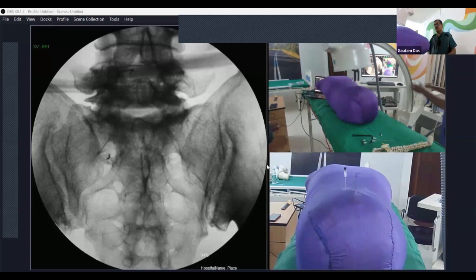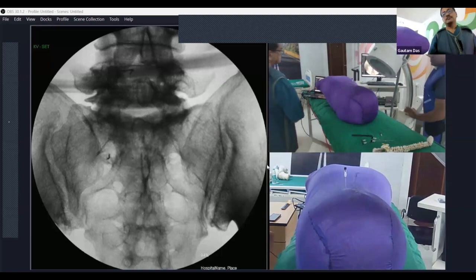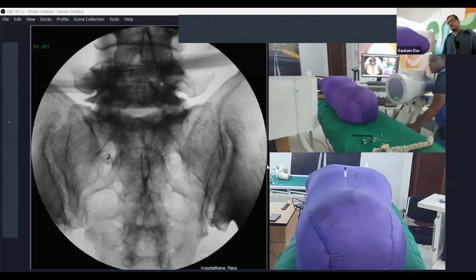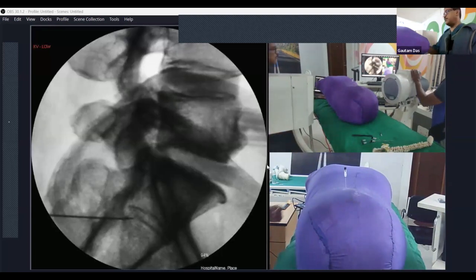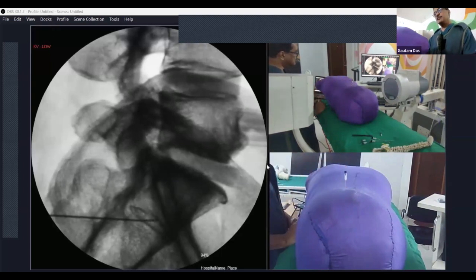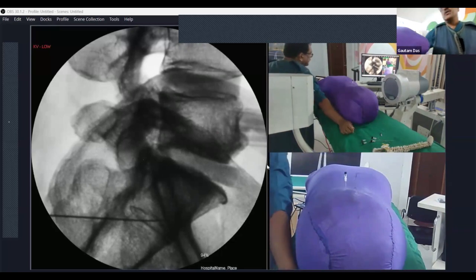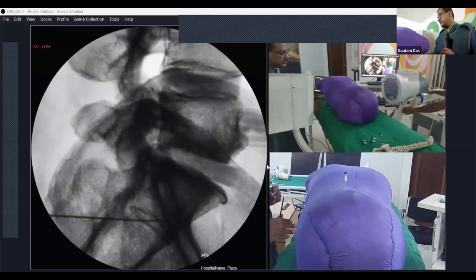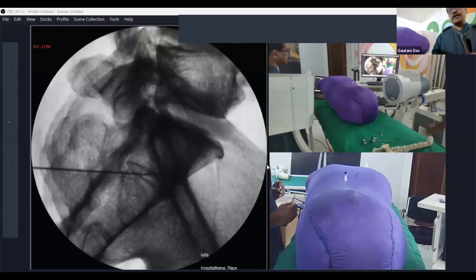Okay, I'll be checking by the lateral view now. Okay, so I'm into the ventral foramina. I'll be going a little more. So you see, what are the important landmarks here?